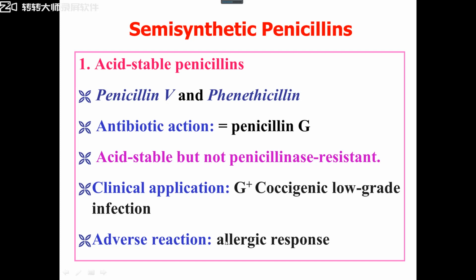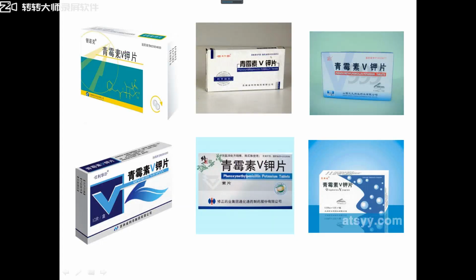In clinic, we have lots of different penicillin V made by different drug companies. You study in China, so you should know penicillin in Chinese is 青霉素.